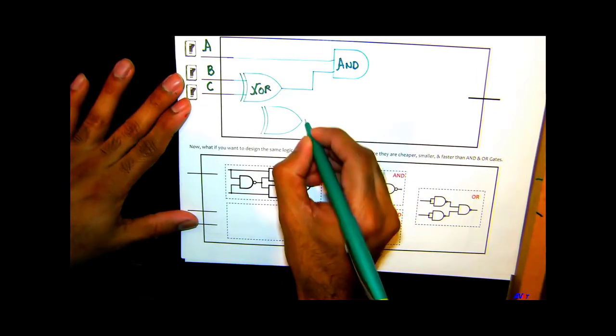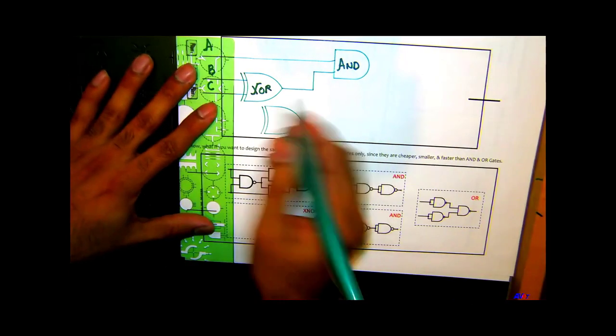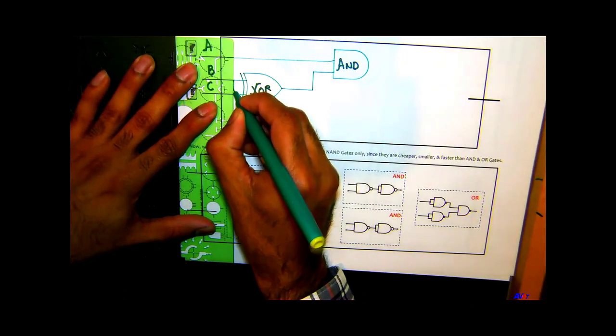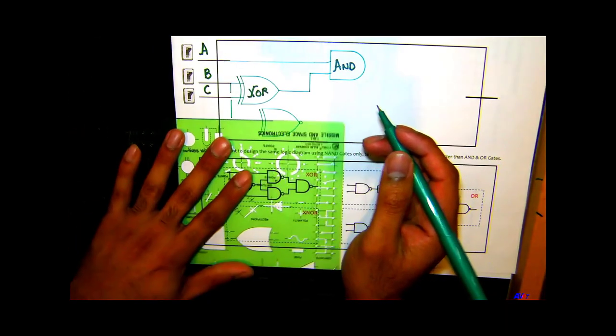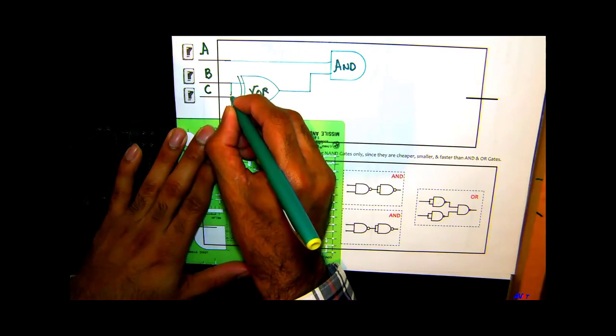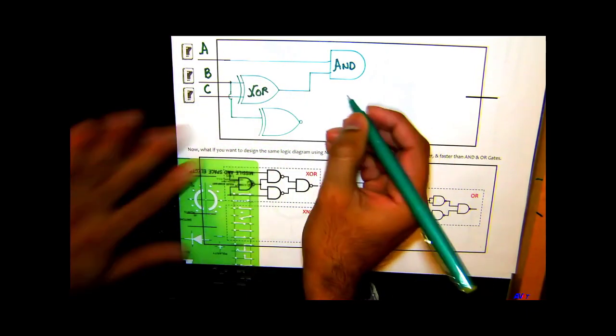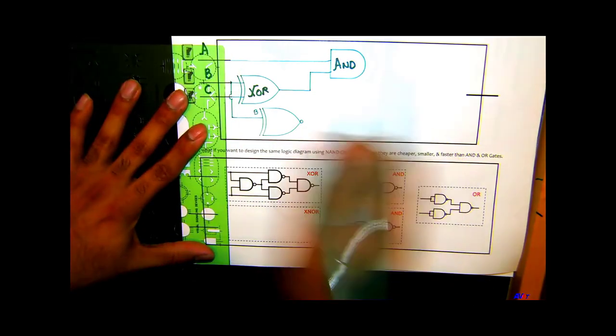Then I have this bubble. Again, the inputs here are B and C. This is my B here, and this is going to be the C.